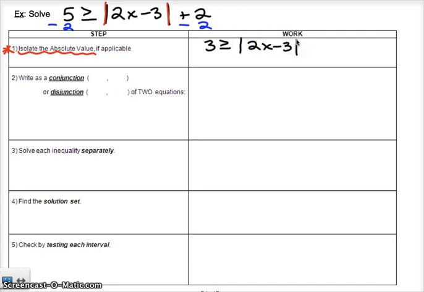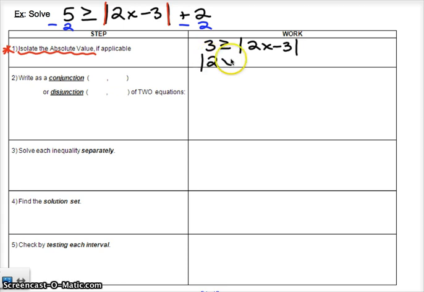Now, once you've isolated the absolute value symbol, you might think, hey, I see a greater than symbol, it is a disjunction. But remember, in math, we need to read the variable first. So when we read the variable first, it actually says the absolute value of 2x minus 3 is less than or equal to 3.